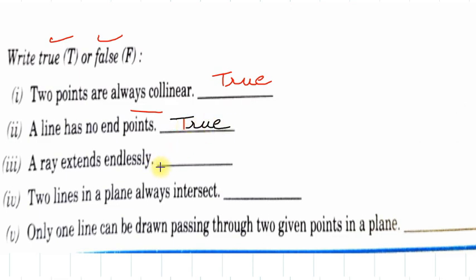A ray extends endlessly, so this is also true. Two lines in a plane always intersect? No, this is false. Only one line can be drawn through two given points in a plane. Yes, 2 points give us only one line, so this is also true.